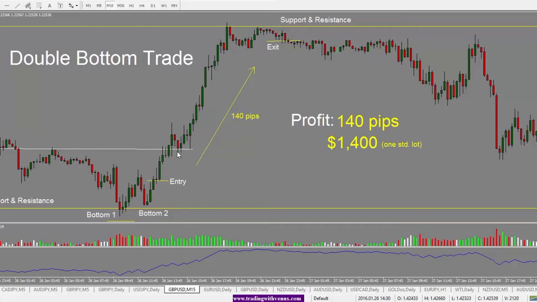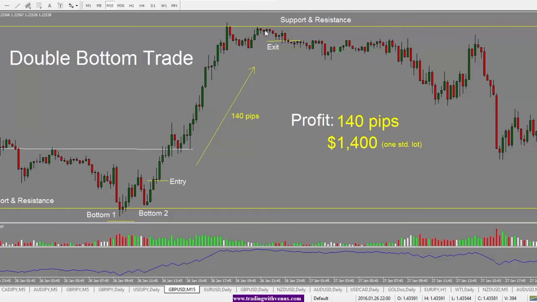We stay in the trade till we see a good reason to get out of it, and that would be red candles that would suggest that price may turn now. So we keep on going while the candles are green, and at this point we start to see red candles. However, they are quite small considering the large green candles that we are seeing here. So we stay with the trade, and then we notice that the price comes and touches our resistance line the second time around, and it's not able to break.